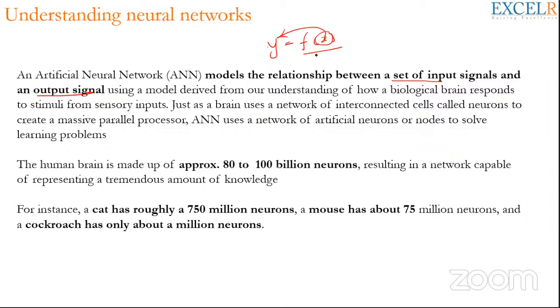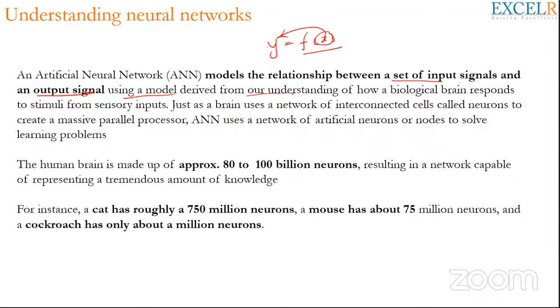Now coming to the neural network, how it maps this relationship between the input signals and the output signal is using a model derived from our understanding of how the biological brain works, how the human brain responds to the signals it receives, and how the information gets processed inside a brain.